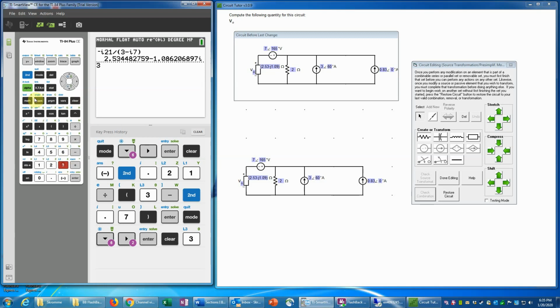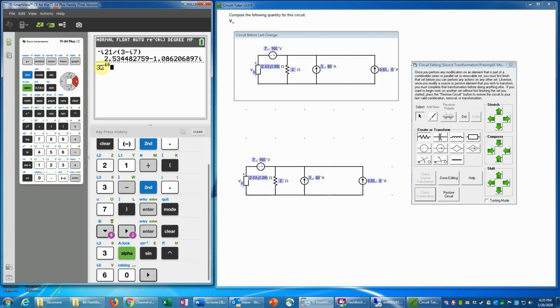So I'm going to write 3e, and that e already was defined and stored as little e to the i pi over 180. So if I raise this to the power of my angle, which is 60, then that'll automatically take care of that degree to radian conversion that's required by this particular calculator.